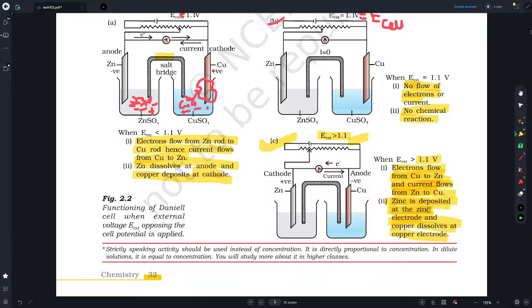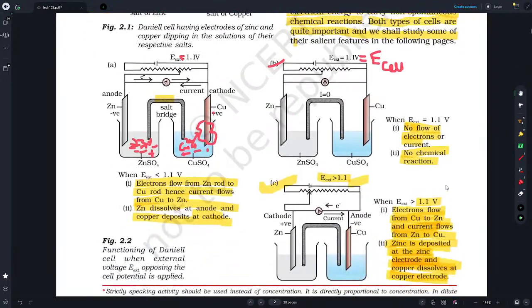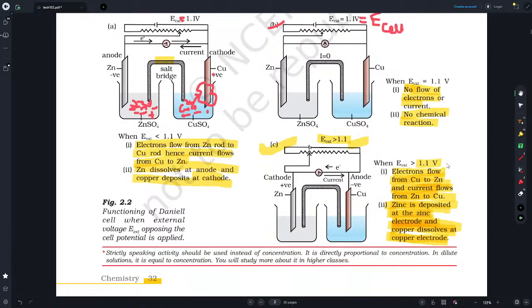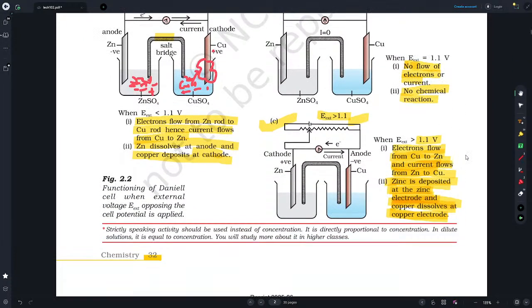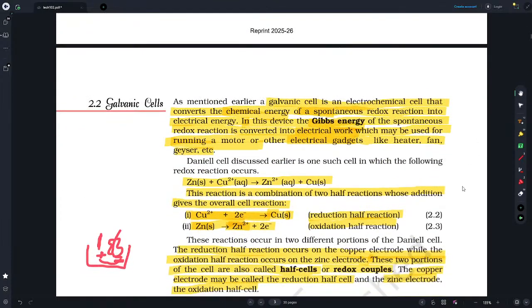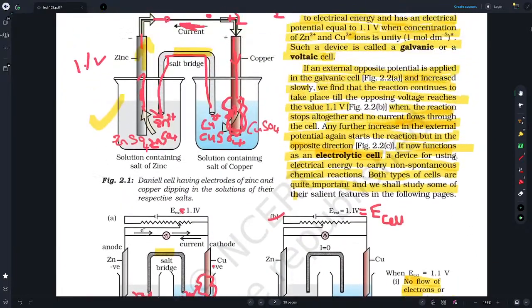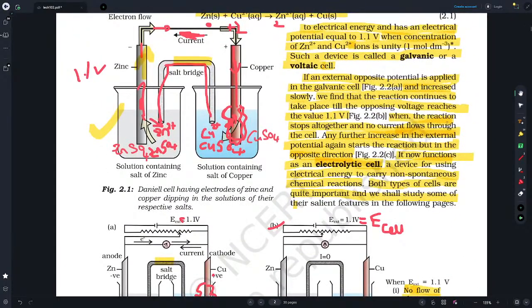Zinc is deposited at the zinc electrode and copper dissolves at the copper electrode, which is the reverse of the mechanism in the Daniell cell. This happens when we apply an external voltage of more than 1.1 volt, and the energy from the galvanic cell is due to the change in the total Gibbs energy of the substance.